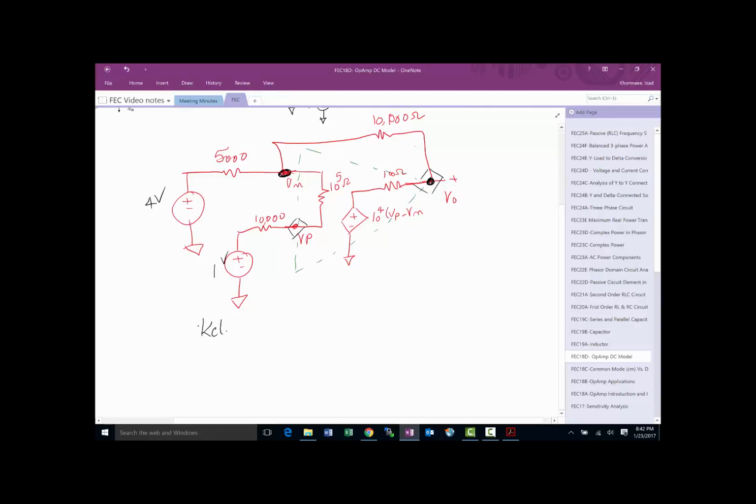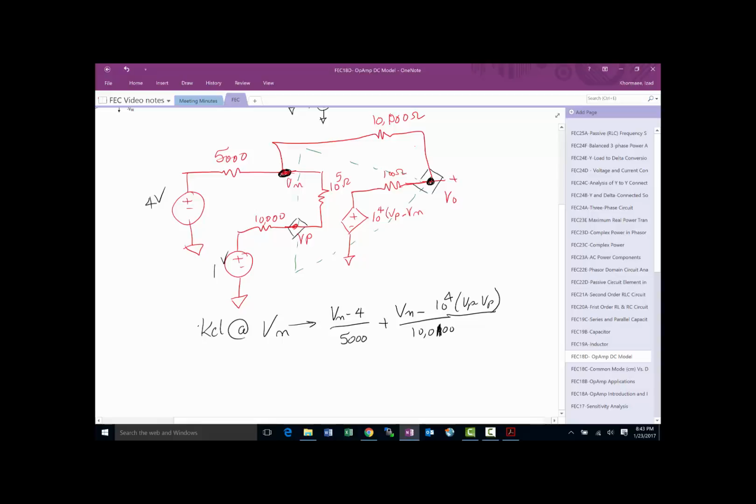Okay, so all we need to do is a KCL at Vn, and that will be Vn minus 4 divided by 5,000 plus Vn minus V out over 10,000. I suppose we can do that, but really it's not minus V out because V out is not an essential node. So we're going to do minus 10 to the power of 4 Vp minus Vn divided by 10,000 plus 100.